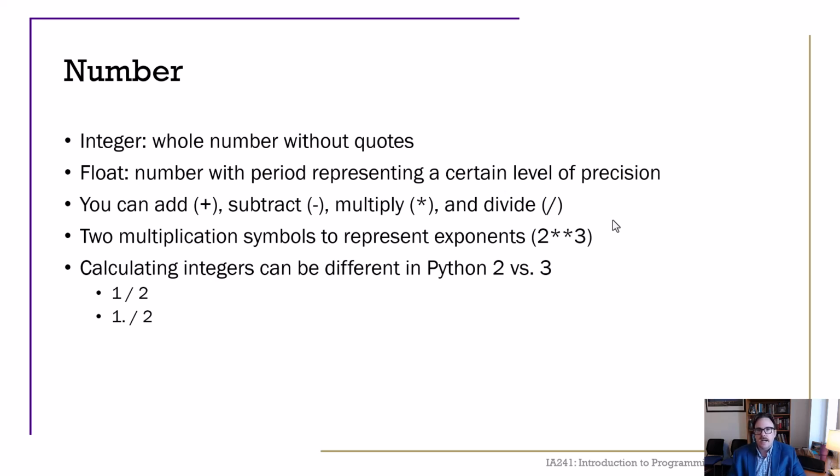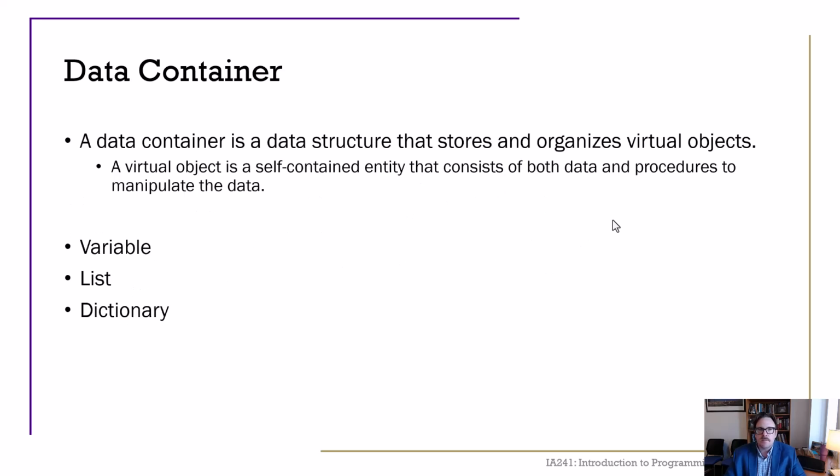We can do exponents, which I thought was a caret, but I guess in Python 3 it is now the star. We've switched from Python 2 to Python 3 recently, so some things are different, right? Calculating integers, here's an example. This is how you used to have to do it, but now you have to do it this way. Okay, so we'll go through some examples of that here in a moment.